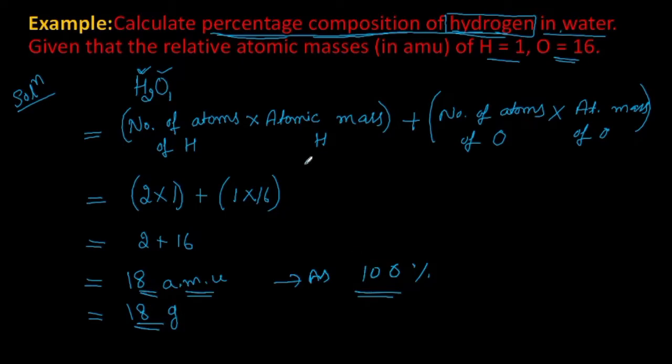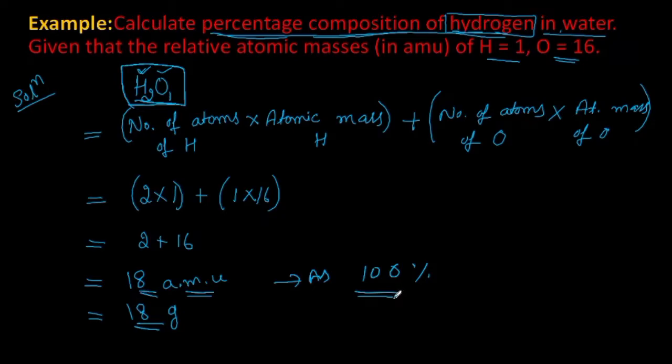Now come back to the definition of percentage composition. What is percentage composition? It is the percentage by weight of each element present in that compound. That means only hydrogen does not make 100%. Only oxygen mass does not make 100%. That is, addition of this mass of the hydrogen and mass of the oxygen together, they make up 100%.